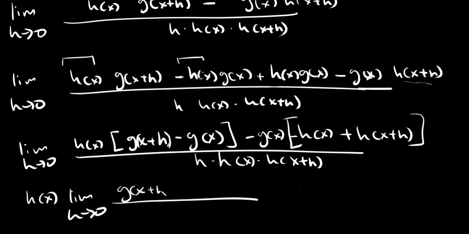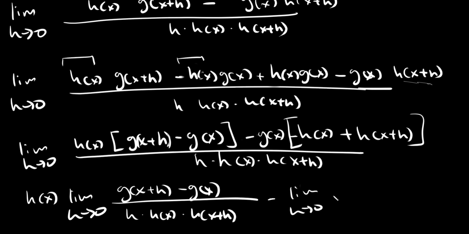And I'm just gonna do this right here, minus g of x. And this is gonna be h times h of x times h of x plus h, minus limit h of x.